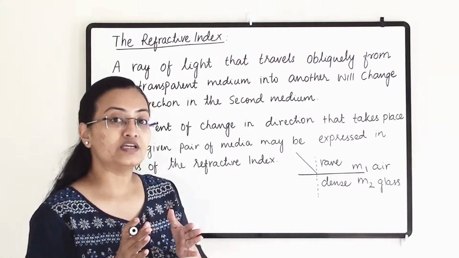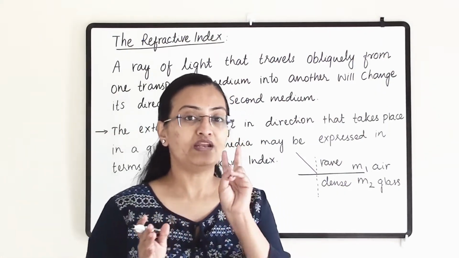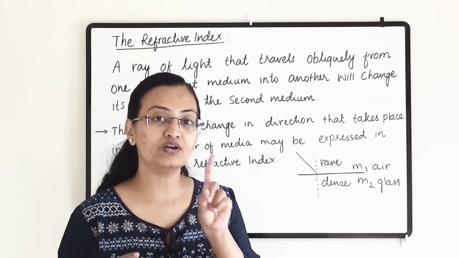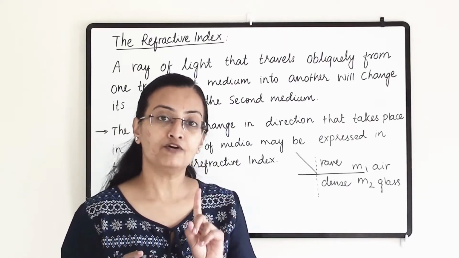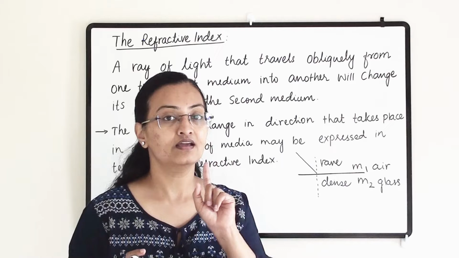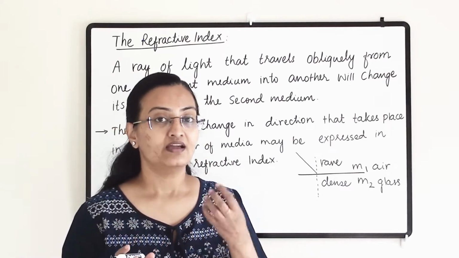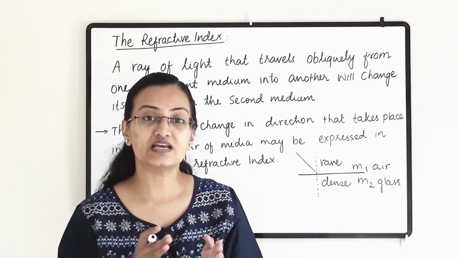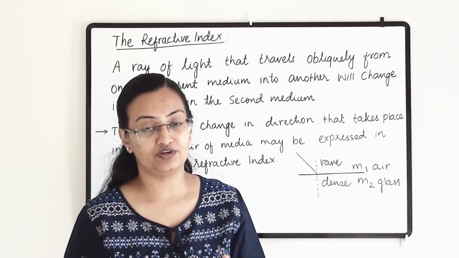it is always comparable that whenever you have two media, one medium will be denser and one medium will be rarer. For example, taking air and glass, air is a rarer medium and glass is a denser medium. Whose density is more will become the denser medium.